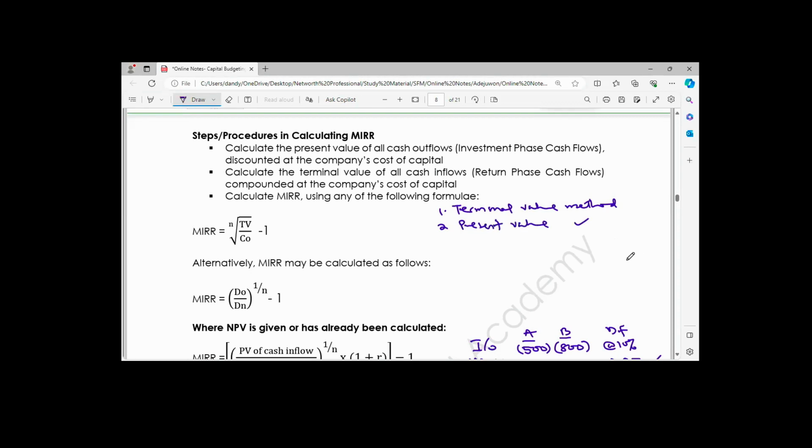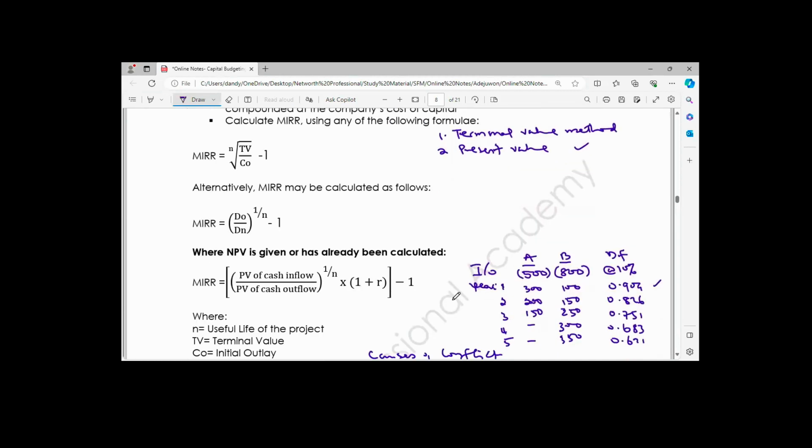So if I want to use the terminal value method, there are two procedures I'm going to carry out.